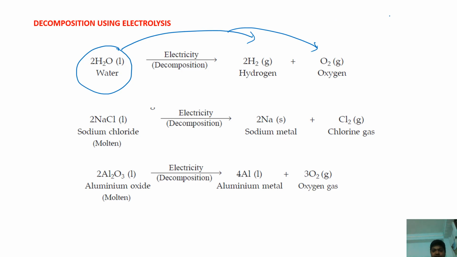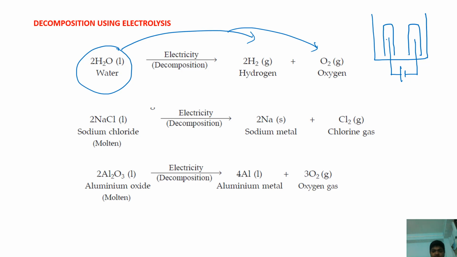Now let me explain the process in detail. In electrolysis, we use a container where two test tubes are placed. In those test tubes there are carbon rods, and these carbon rods are connected to the power supply.